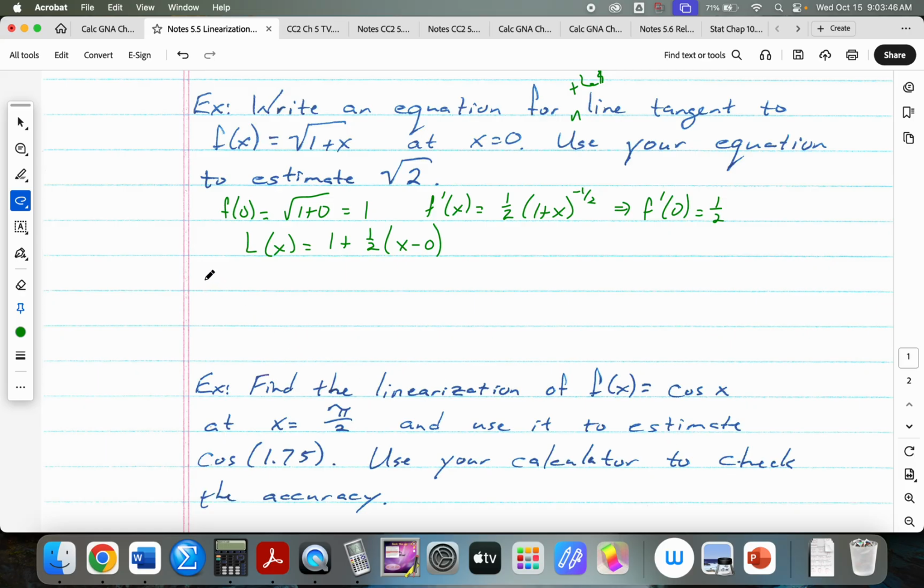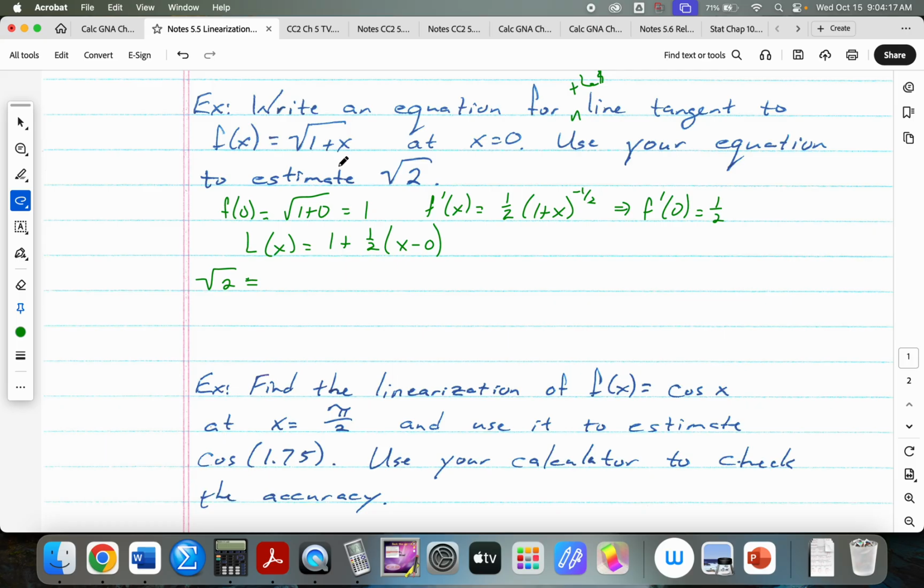So if I'm trying to approximate the square root of 2, what does x need to be? This is not a trap.